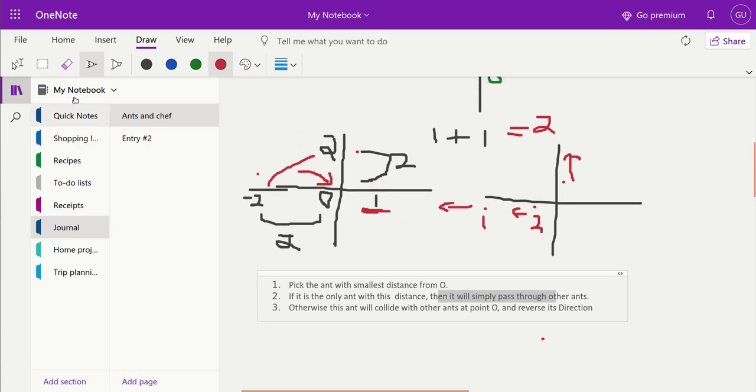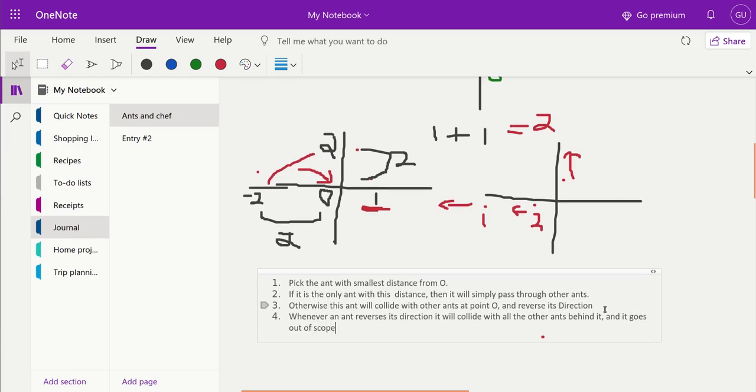Whenever an ant reverses its direction, it will collide with all the other ants behind it and it goes out of scope.